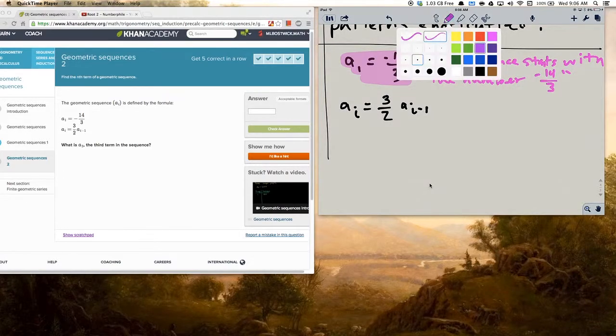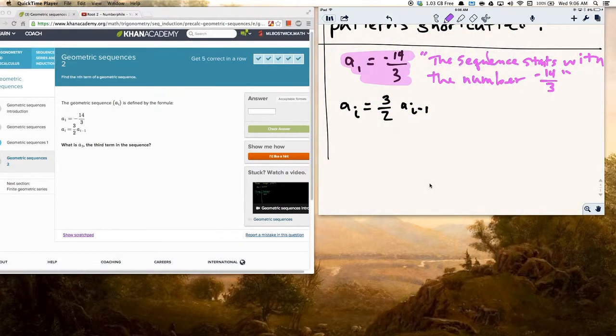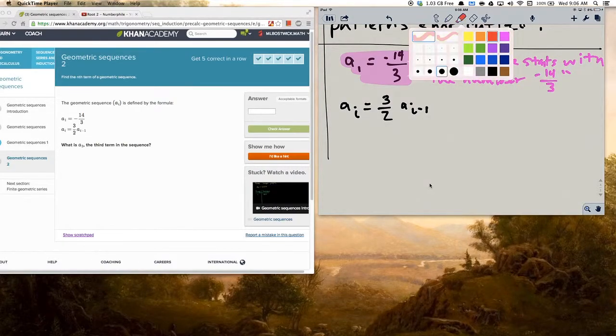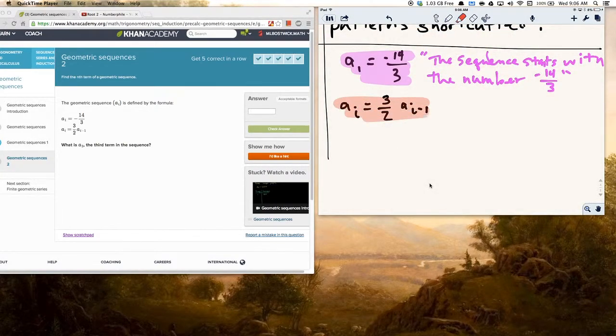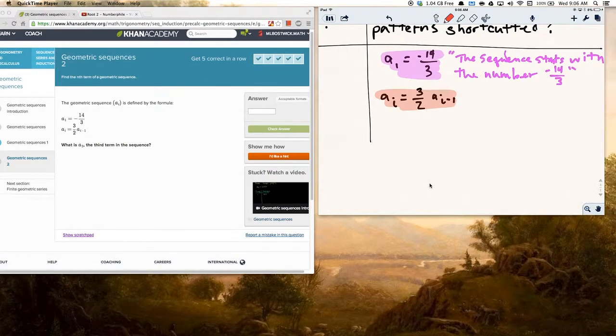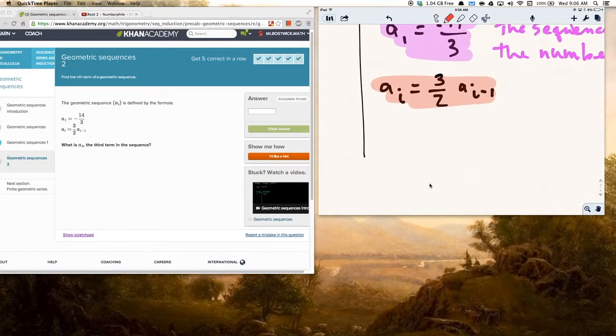This next one is a little bit more difficult to parse out. Whoops, I meant to get a highlighter there. So when I look at this one here, it's telling me something a little bit different. If I want to know some term in the sequence, that's ai, and I don't know which term, it's the number i, it's a variable, so it's just saying some term in the sequence is equal to 3 halves times, now let's look at this closely.